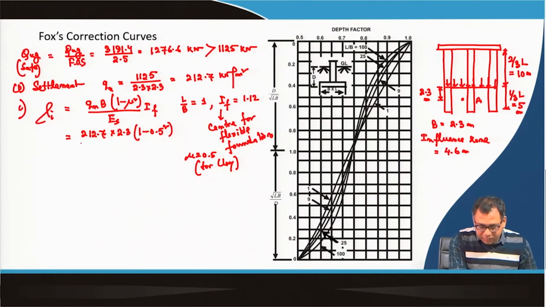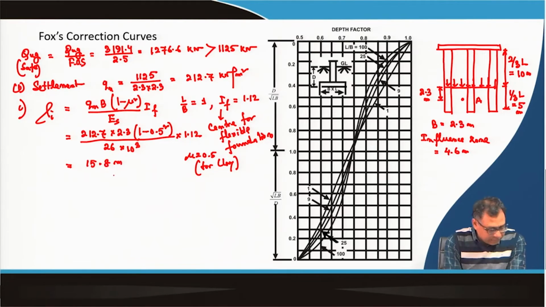So, this is (1 minus mu square) divided by Es, which is 26 into 10 to the power 3, then the If value is 1.12. So, that means the value is coming 15.8 millimeter. Then you have to apply the corrections. So, we have to apply the rigidity correction.